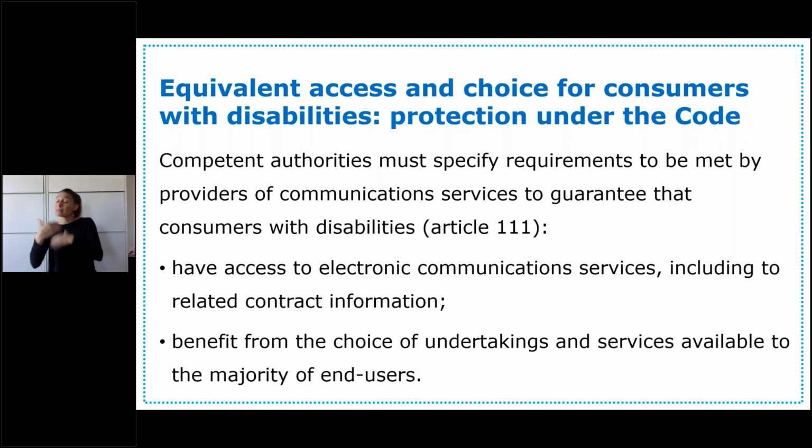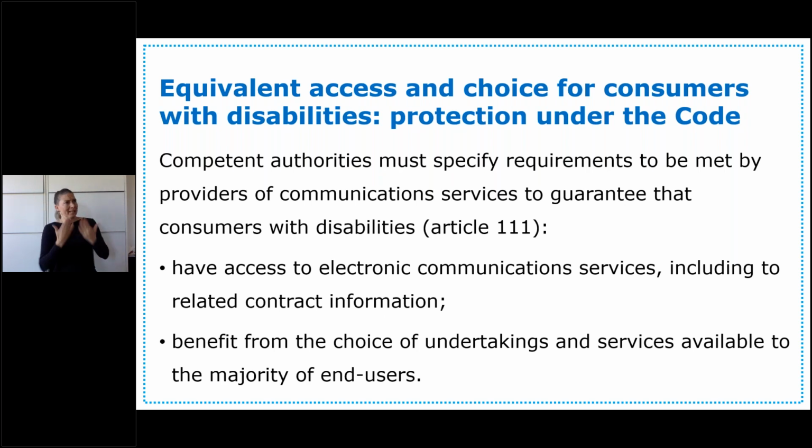And there you will see in the Accessibility Act that real-time text is mentioned, total conversation is mentioned, and so forth. So member states may want, during the transposition of the electronic communications code, to take into account the requirements of the Accessibility Act in order to, let's say, save or advance work that is in the pipeline and that is coming.